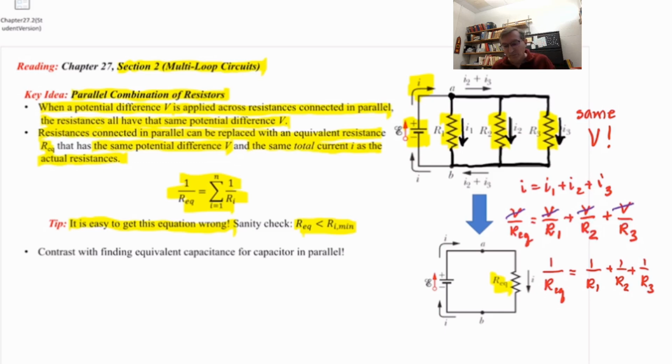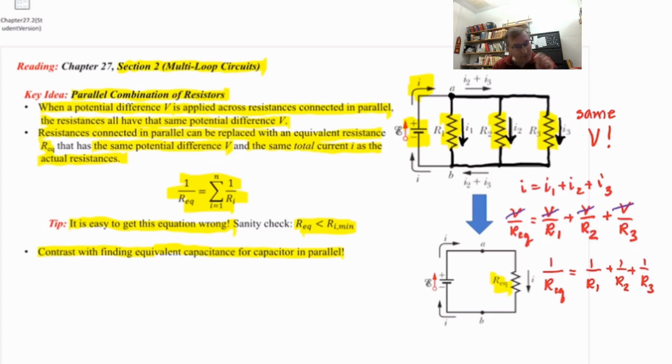Now, it's somewhat useful to contrast this rule for finding equivalent resistance for a parallel connection with how you find equivalent capacitance for a parallel connection of capacitors. And you remember there, the rule is just add up the capacitances.